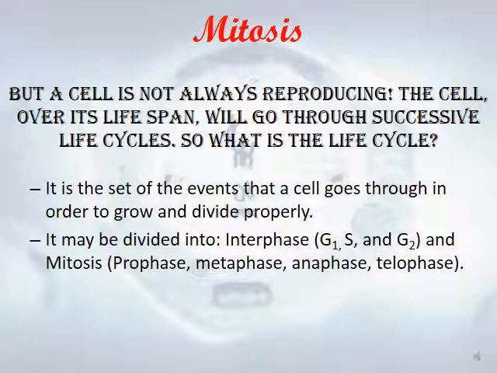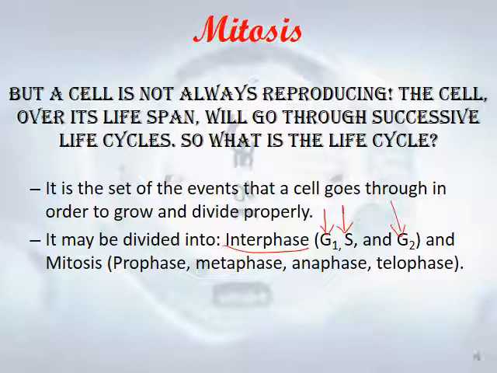Is the cell always reproducing? The cell over its lifespan will go through successive life cycles. So first, what is the life cycle? The life cycle is the set of events that the cell will undergo in order to grow and divide properly. It may be divided into interphase. Interphase has three stages: G1, gap 1, S, synthesis phase, and G2, which is gap 2.